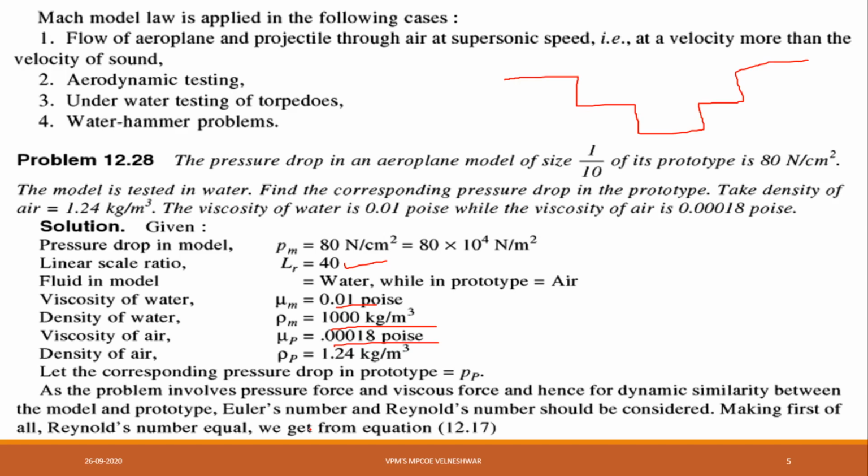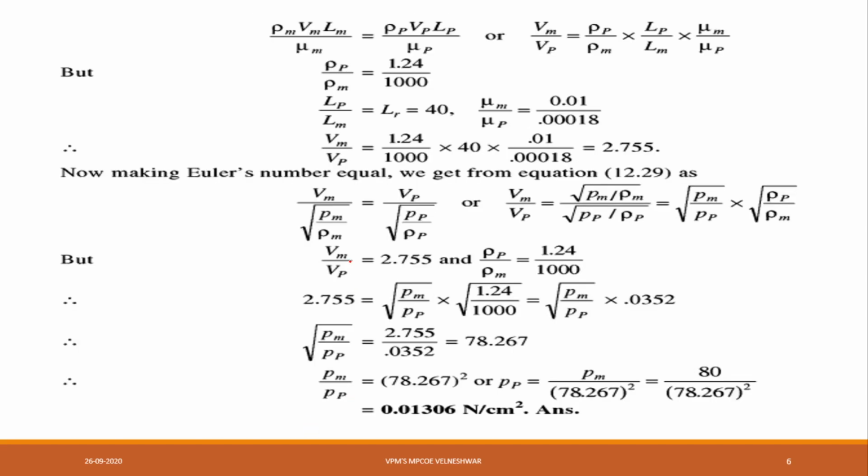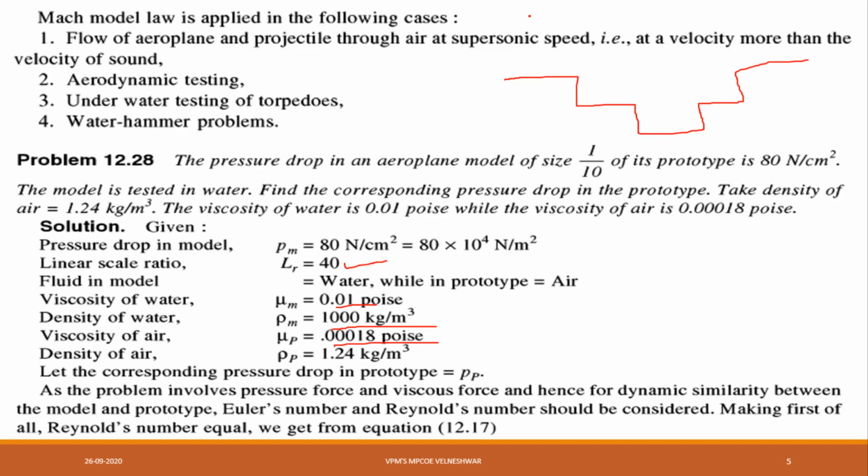Equating the Reynolds number first, we get the equation rho m Vm Lm divided by mu m is equal to rho p Vp Lp divided by mu p. Here we require the value of Vm by Vp, because we are not given the velocity values. To find the velocity I prefer the Reynolds number.